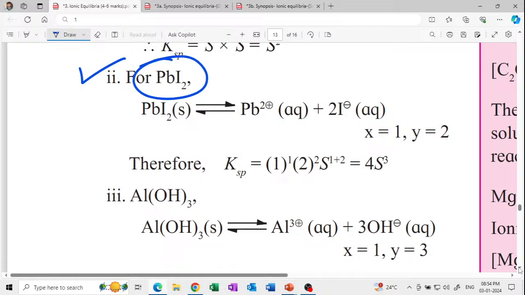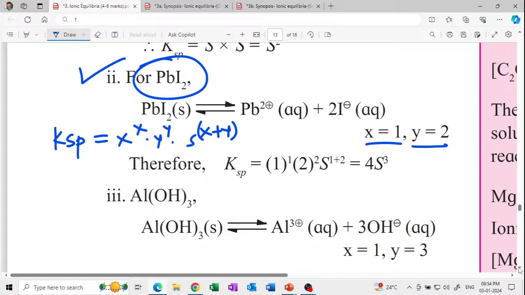So this is the Pb2+ plus 2I minus, xy, y2 आणि फॉर्म्युला वापरा आपण. कोणता फॉर्म्युला? KSP is equal to x raised to x, y raised to y, s raised to x plus y. Get it? This is the formula. So we have to calculate 1 raised to 1, 2 raised to 2, s raised to 1 plus 2, 4s cube. So KSP is equal to 4s cube. So this is your answer. Get it everyone?